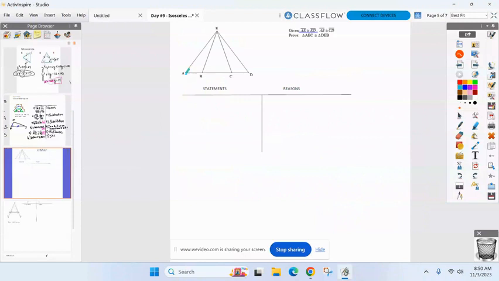Even if they are separated and you just want to go to town and have beautiful colors on that, go right ahead. And then you can put the statements, mark your diagram, and let's see what we got.